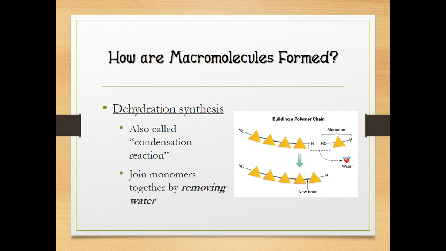Alright, so that's where that word comes from. So there's the dehydration part. Water's coming off. Very clever, biologically speaking, that all of our monomers, regardless of what type they are, have an OH and a hydrogen somewhere. So those guys are going to come off.